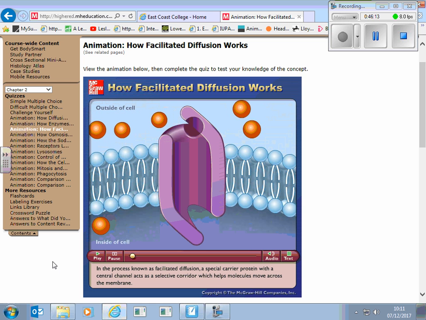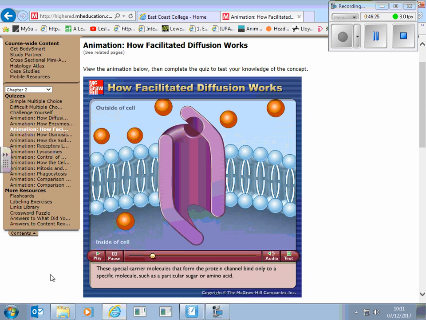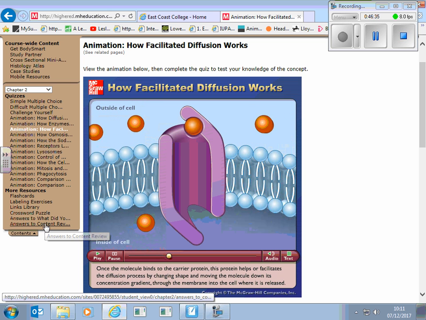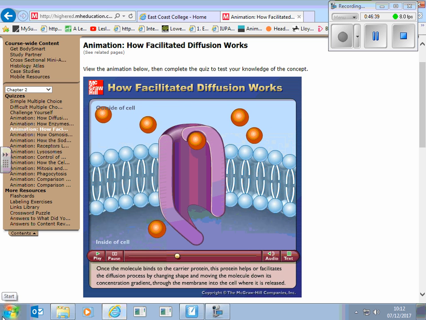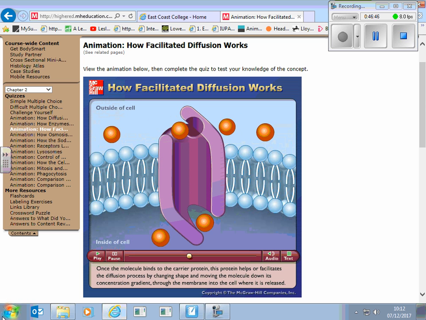In the process known as facilitated diffusion, a special carrier protein with a central channel acts as a selective corridor which helps molecules move across the membrane. These special carrier molecules that form the protein channel bind only to a specific molecule, such as a particular sugar or amino acid. Or an ion. Once the molecule binds to the carrier protein, this protein helps or facilitates the diffusion process by changing shape and moving the molecule down its concentration gradient through the membrane into the cell where it is released.